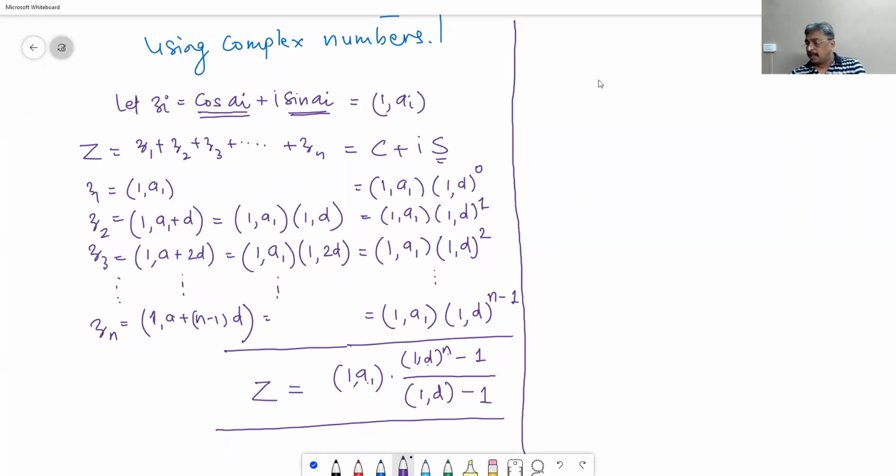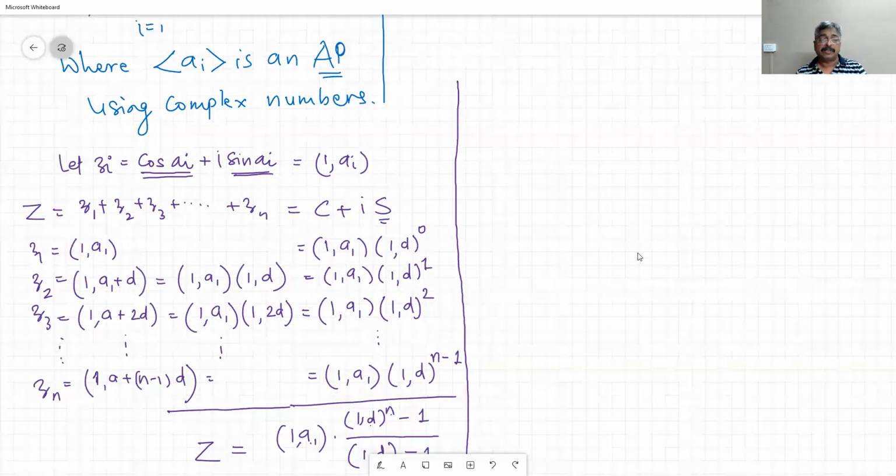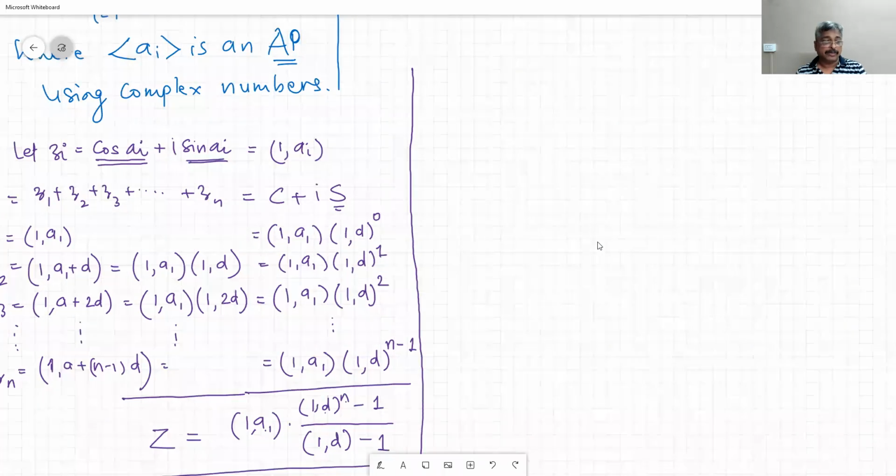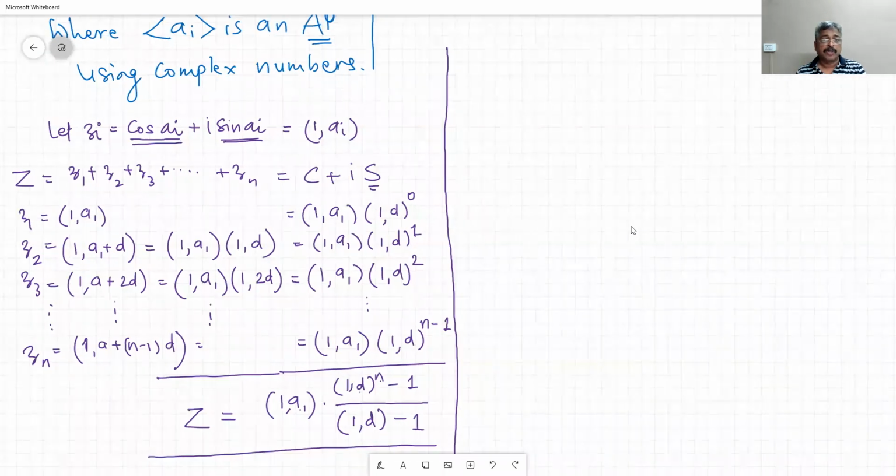Now there is fun in geometry, fun in algebra of dealing with this quantity. So let me adjust now.